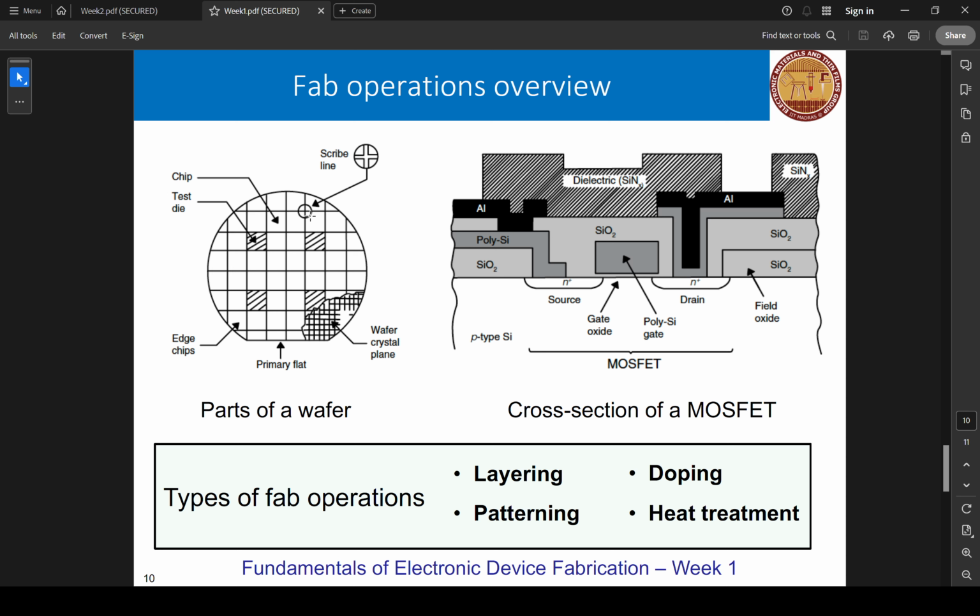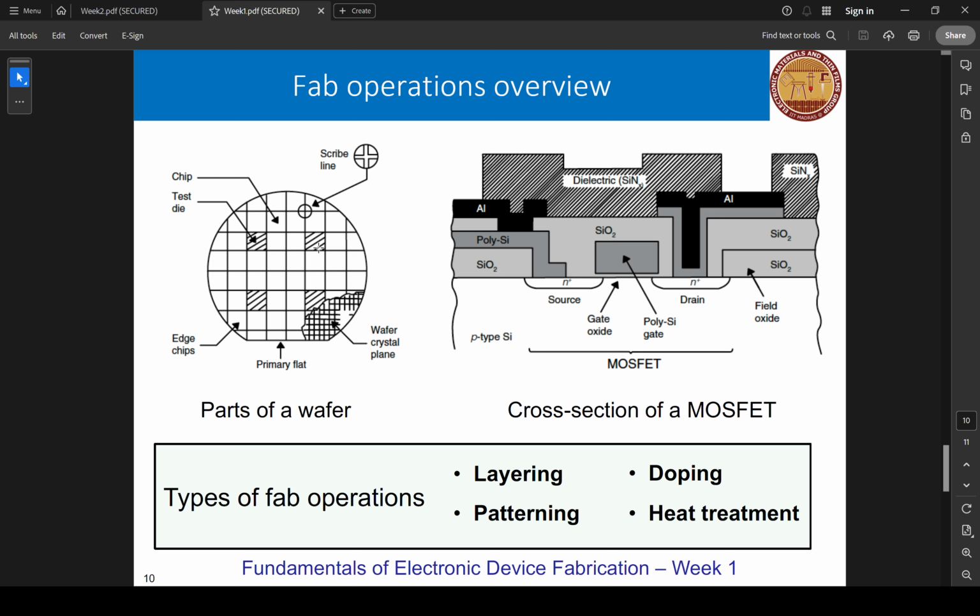Each square is now called a die. When you are making devices by lithography, all of these will be identical, and each of them has millions and billions of transistors.